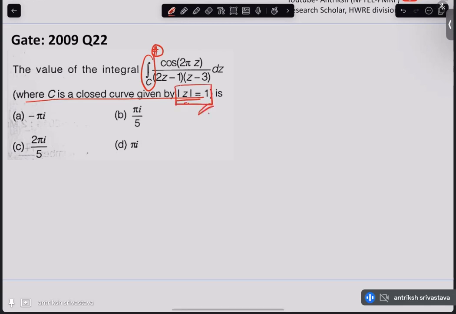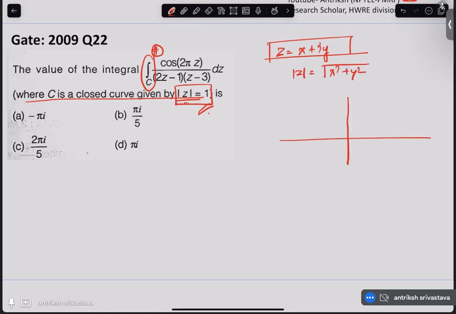So what does this equation mean? This equation means that Z is basically a complex number x plus i y, and mod Z squared is nothing but x square plus y square. So if you look at this in a complex space where this is the imaginary axis and this is the real axis, this particular mod of Z equal to 1 represents a circle of radius 1.